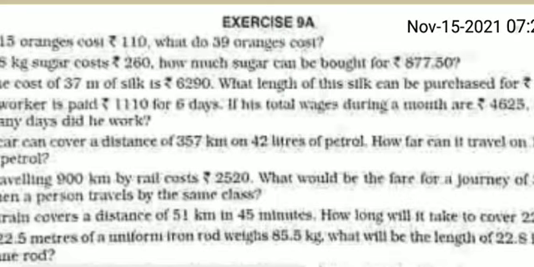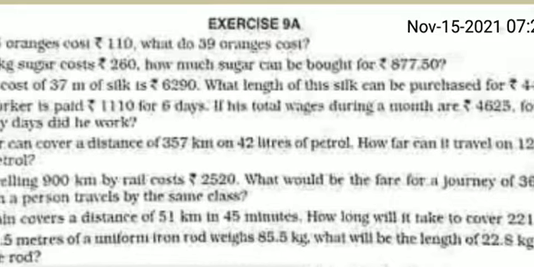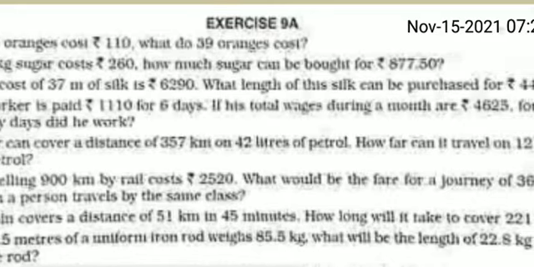So that means you have to find out the days, the time. So the time you have to keep in the right hand side, and the same unit, that means rupees, you have to keep in the left hand side. So start like that. 1,110 rupees is paid for 6 days working.